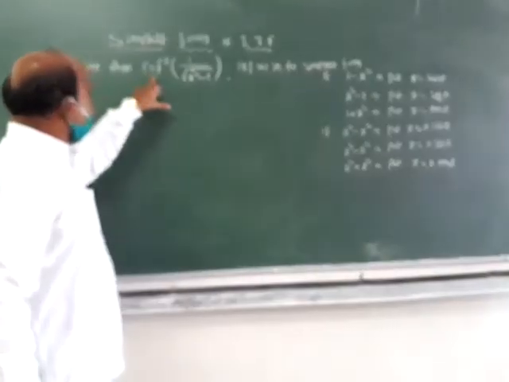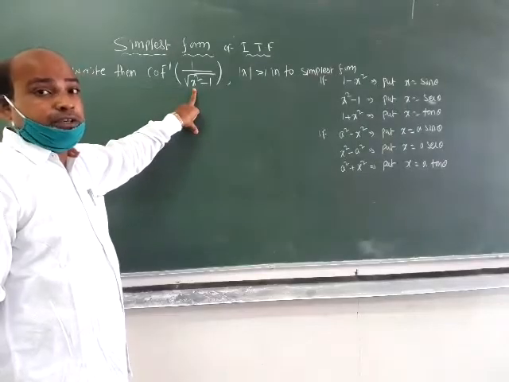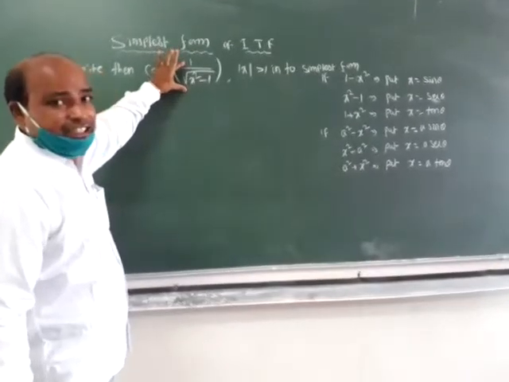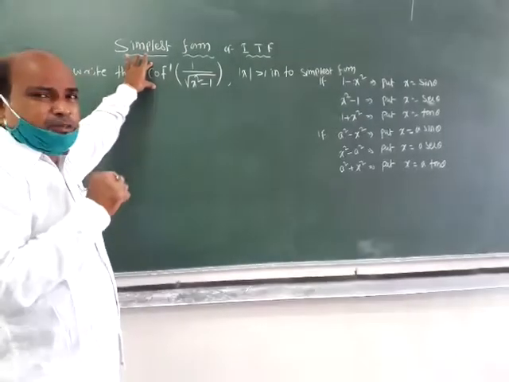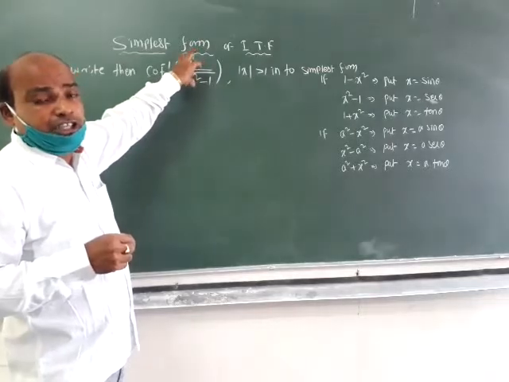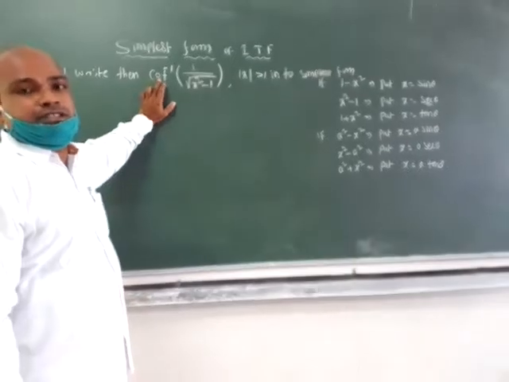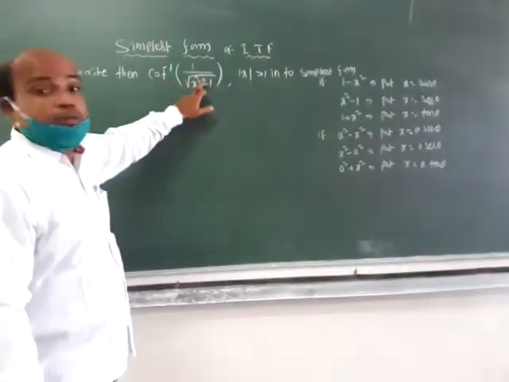Now the given question is cot inverse of 1 by under root of x square minus 1. You see that there is a function inside the bracket before cot inverse. The meaning of the simplest form is that you make the bracket one trigonometric function related to cot inverse, meaning cot inverse of cot theta or cot inverse of tan theta.